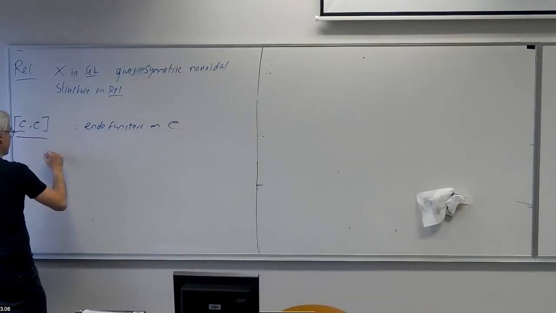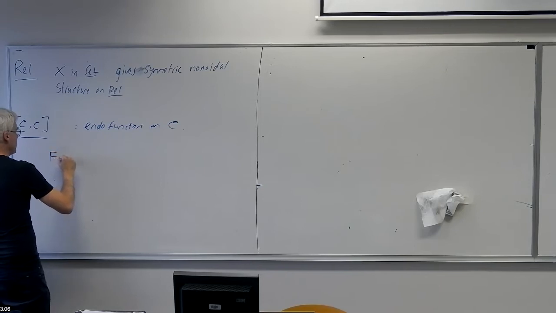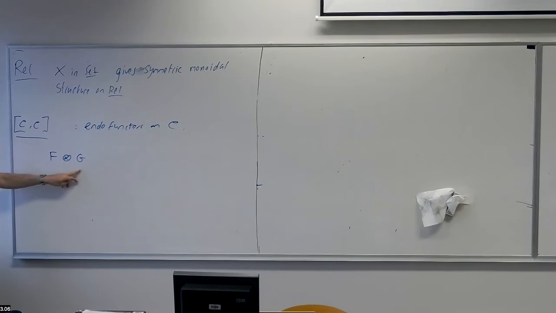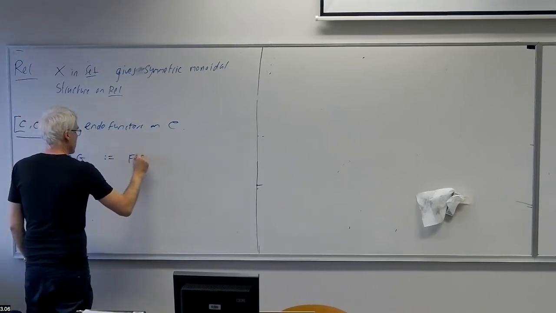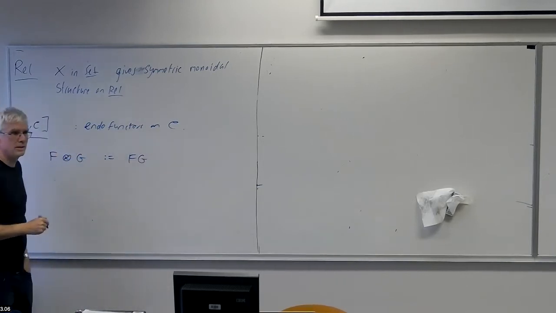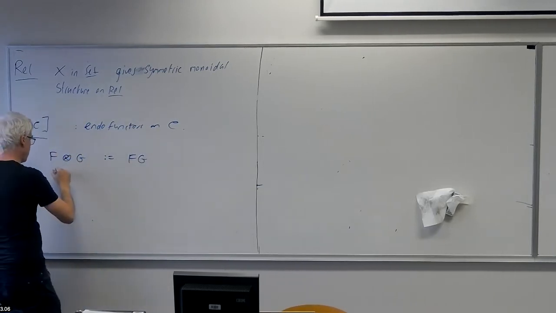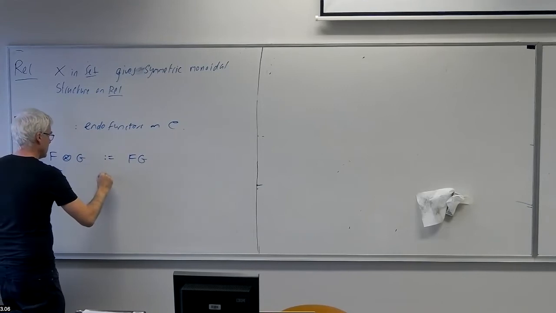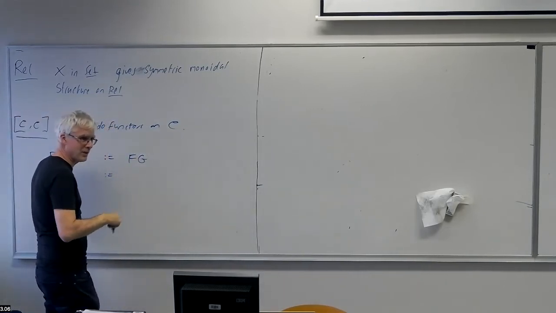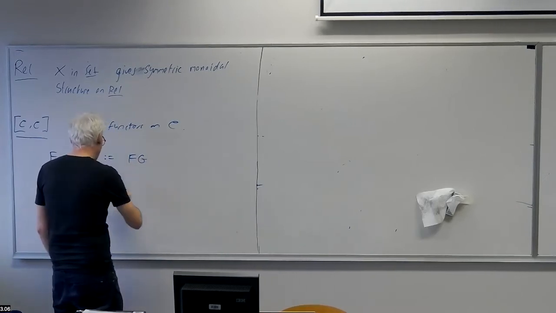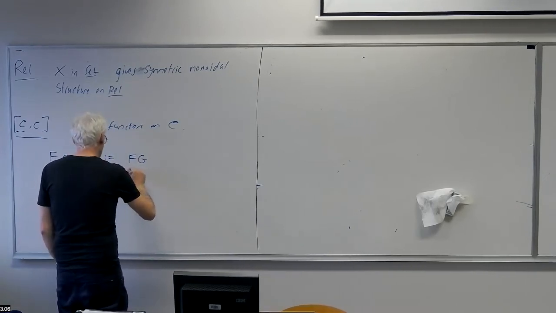So an object now is an endofunctor on C, and we simply define F tensor G to be the composite of F and G. And I is defined to be, it's related to monads, but you can ask about that afterwards, I is the identity functor on C.